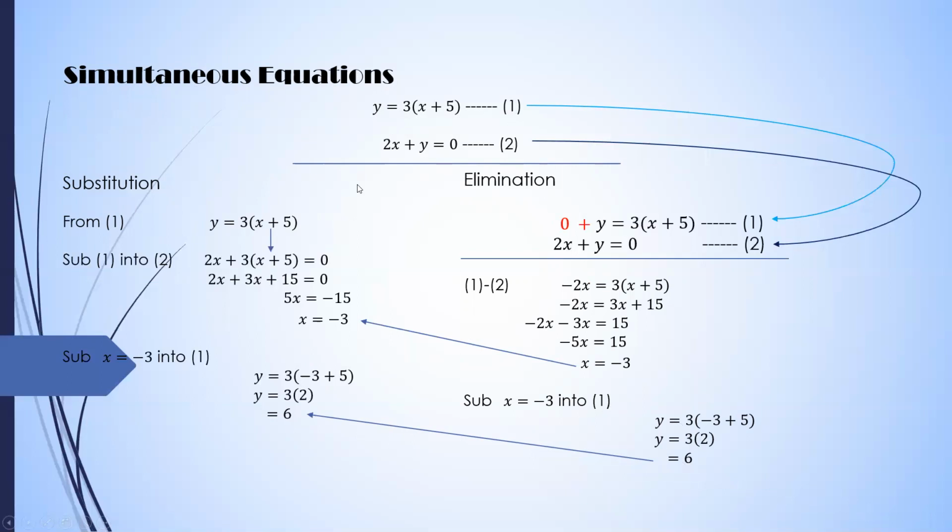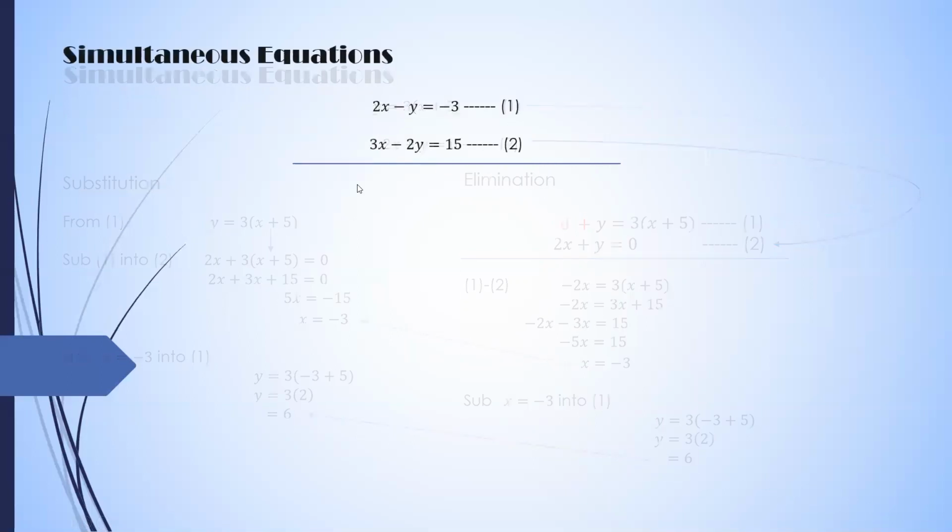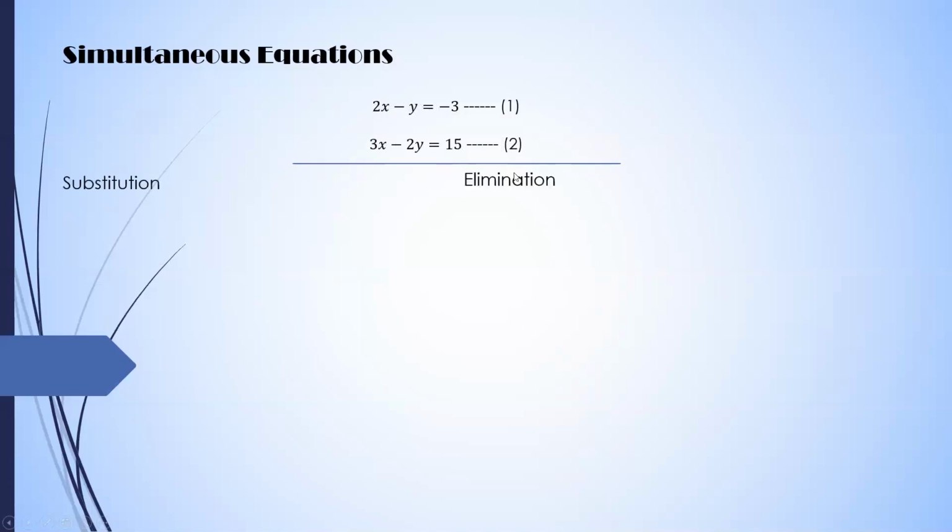Okay, next one, I try to show you another question. Let's say our question is this now, 2x minus y equals -3, 3x minus 2y equal to 15. So let's use two methods again. One is substitution, one is elimination. So from number 1, I'll rearrange this thing. I want to get y equivalent to this.